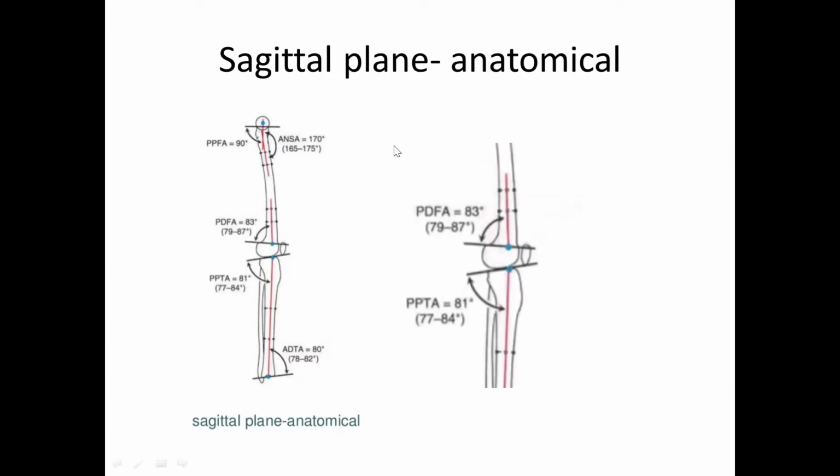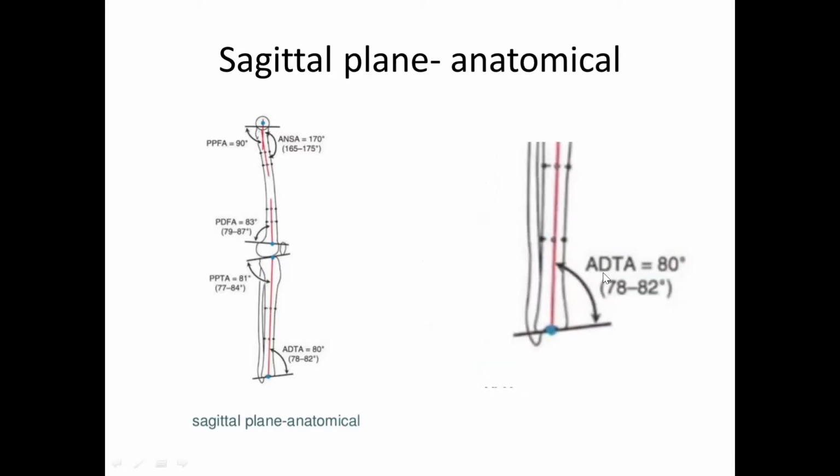The knee joint again is the posterior distal femoral angle, which is around 83 degrees, ranging from 79 to 87 degrees. And the posterior proximal tibial angle is around 81 degrees. In the ankle joint, the anterior distal tibial angle is around 80 degrees.